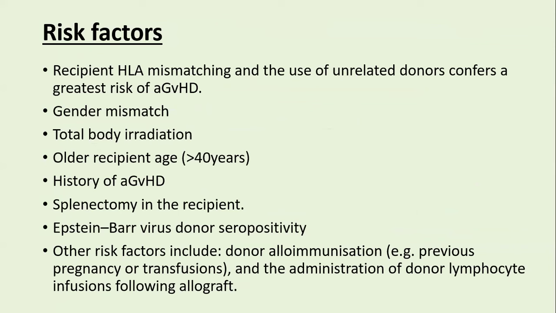Other risk factors include gender mismatch, total body irradiation, older recipient more than 40 years, patient already having a history of acute GVHD, splenectomy in the recipients, Epstein-Barr virus donor seropositivity, and other risk factors like donor alloimmunization, that is, previous pregnancy or transfusions, and administration of donor lymphocyte infusion following allograft.